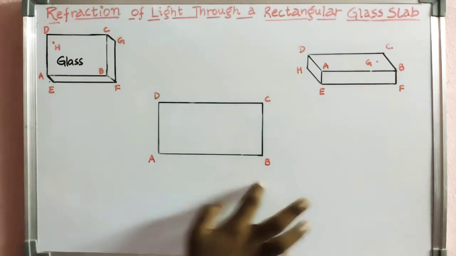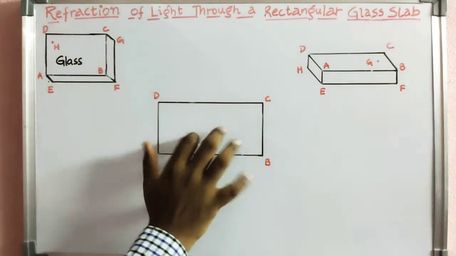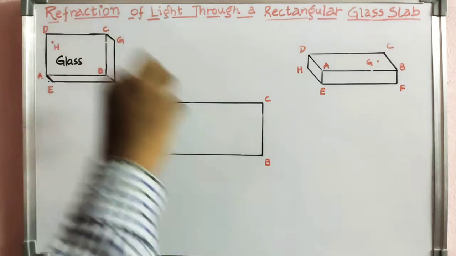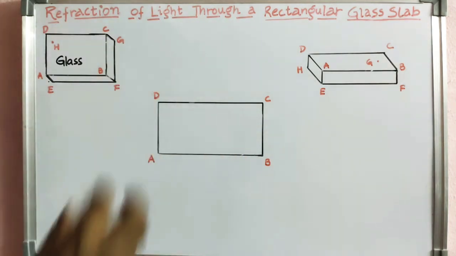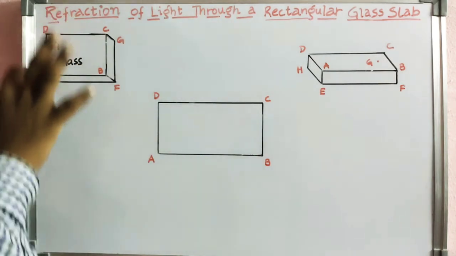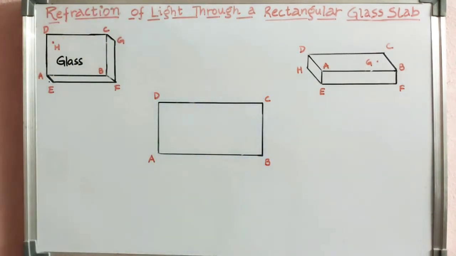That ABCD I have drawn and enlarged, because I need to draw a ray diagram here. The same glass slab I had drawn here, but I have enlarged and magnified it so that you can clearly see the ray diagrams. So this is the face ABCD when I am seeing it from the top.